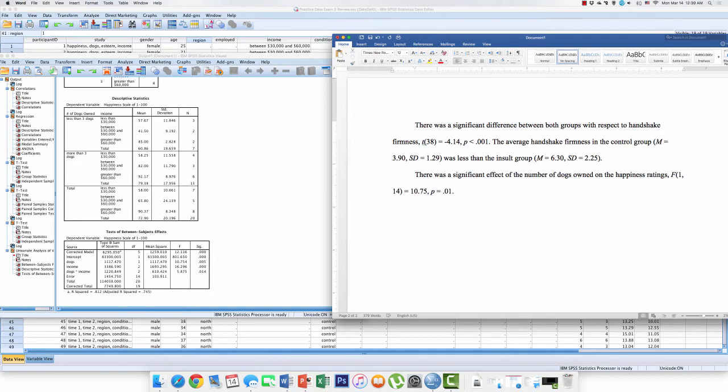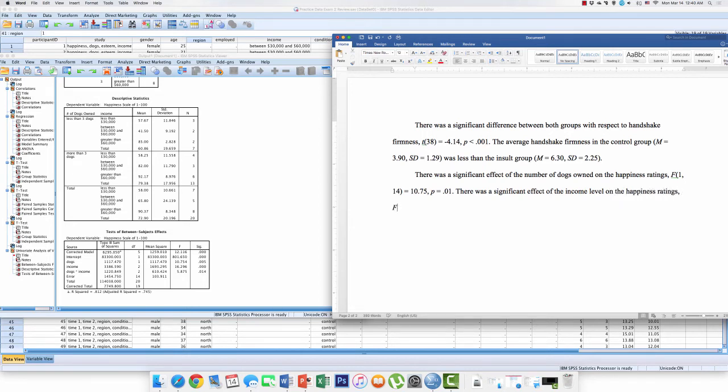Okay, and then now we're going to talk about the second main effect. There was a significant effect of the income level on the happiness ratings.